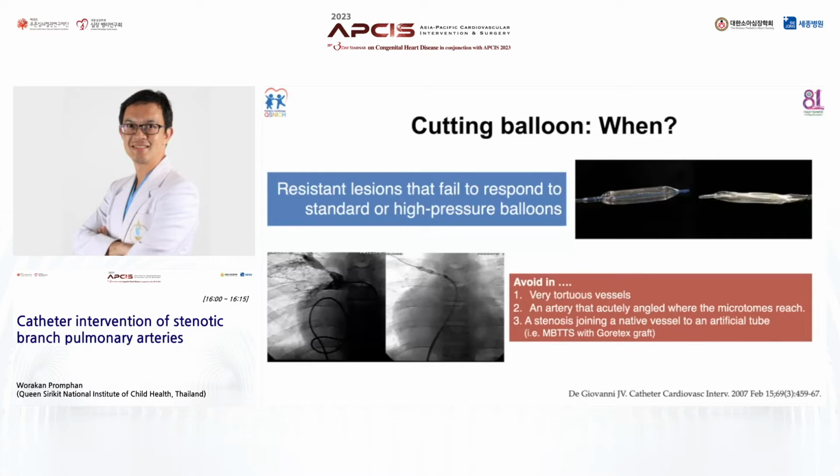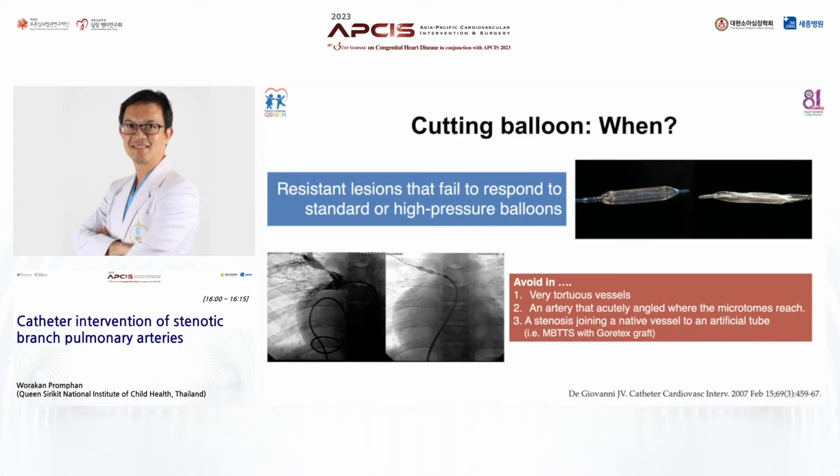Of course, I won't go through the techniques of balloon angioplasty, but just to emphasize that you may need the cutting balloon in cases with a resistant lesion that fails to respond to standard or high pressure balloon.